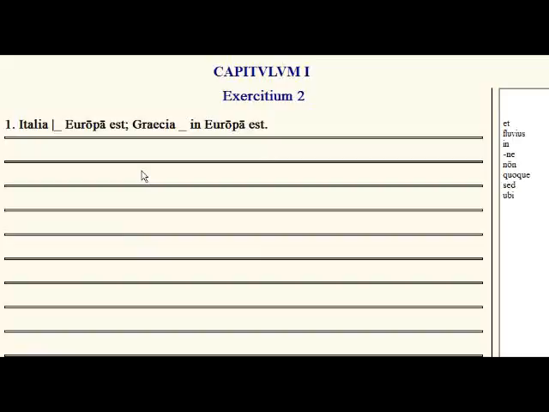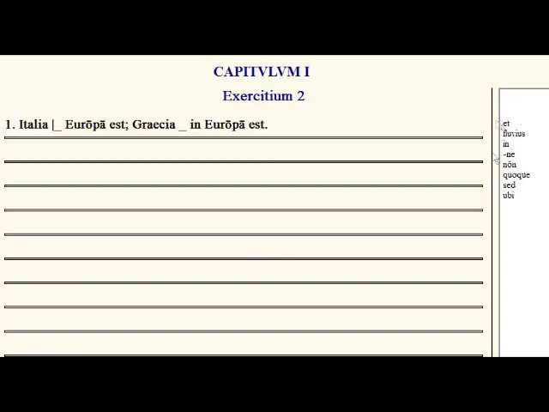After you finish those, you do exercise 2, Italia blank Europa est, Graecia blank in Europa est. So here we have a list of vocabulary that we've used in the chapter. And we have et, fluvius, in, the enclitic ne, meaning it is attached to a word, non, quoque, sed, and ubi.